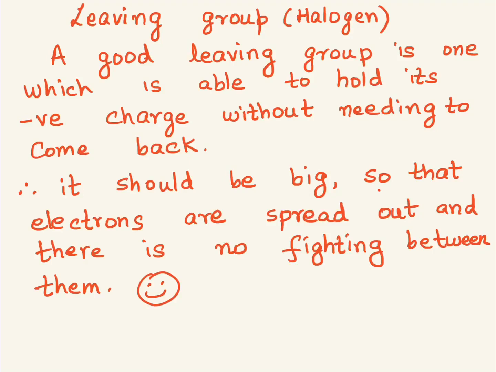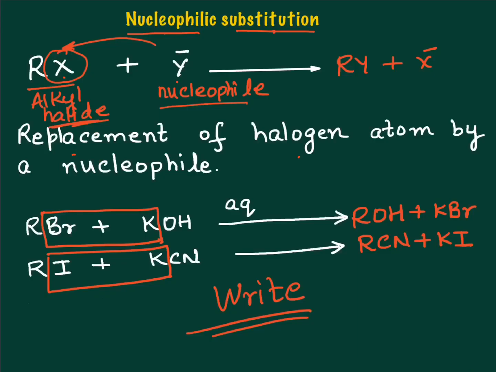The second thing, as I said, we are going to talk about is the leaving group or the halogen. Now, what do we mean by the leaving group? Coming back to what we have seen over here. Alkyl halide plus nucleophile. The nucleophile comes and attacks the alkyl halide, and the halogen atom has to sadly leave the alkyl and move away.